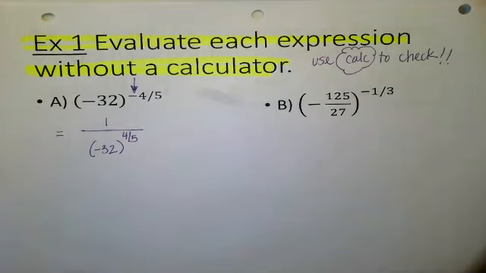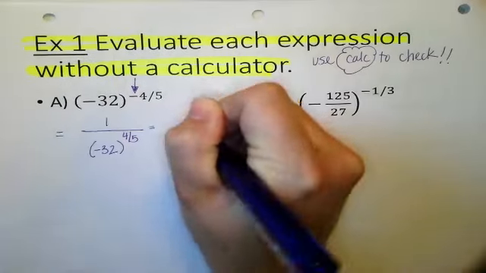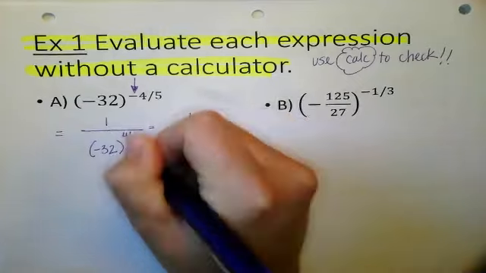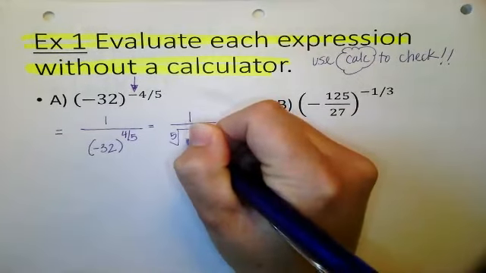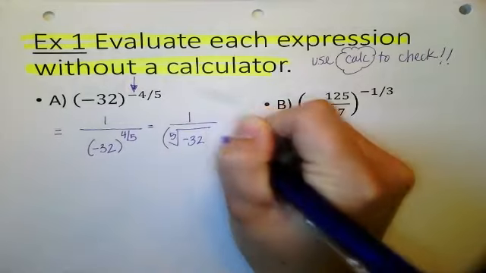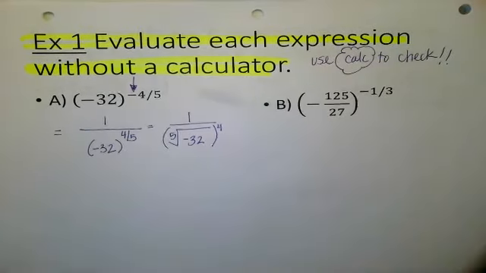So that negative exponent creates a fraction, moves it to the denominator, so 1 over. And then I think what I'm going to do is just rewrite this 1 over. What does this 4/5 power mean? Well, that's going to be the 5th root of negative 32, all to the 4th power.